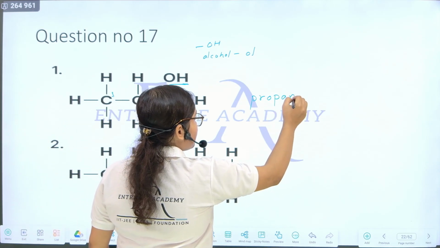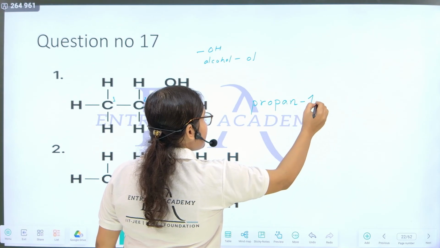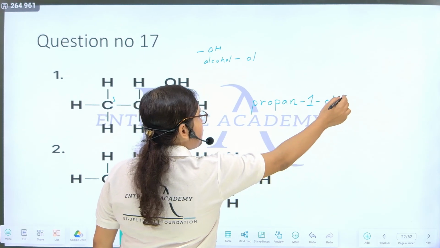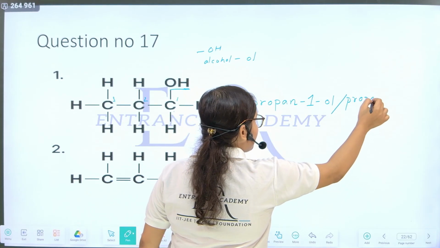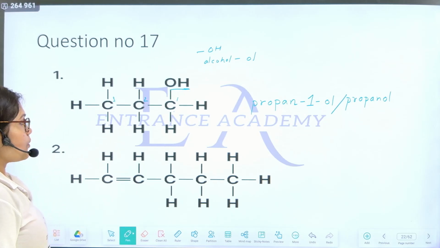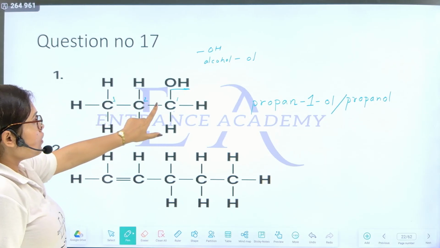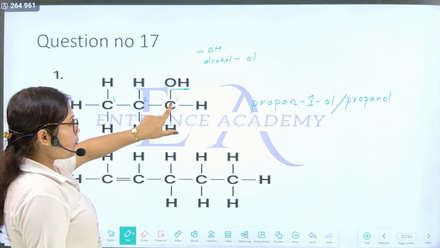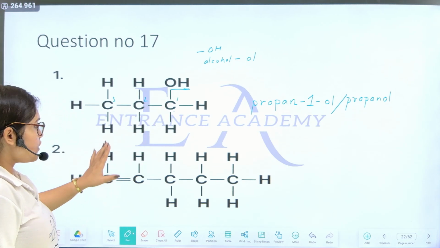Propan-1-ol or propanol. This is the IUPAC naming of this first structure. Meth, eth, prop. Alcohol present in the first number of carbon, that is ol. So propanol is the IUPAC naming.